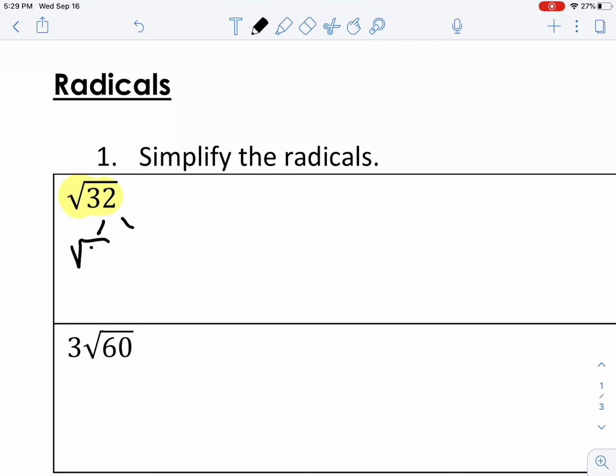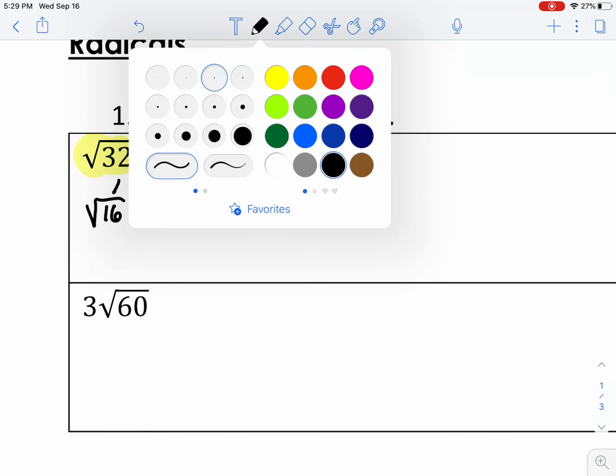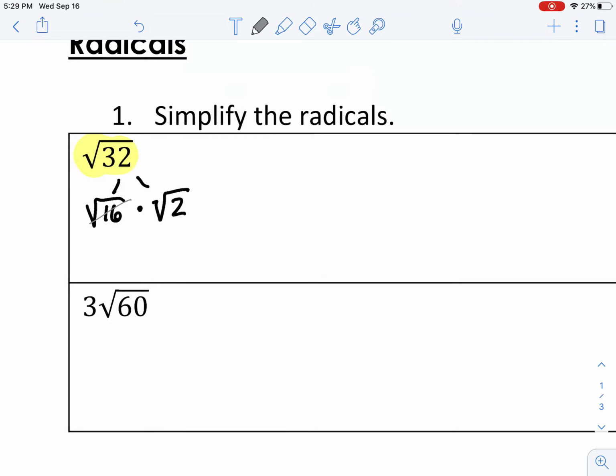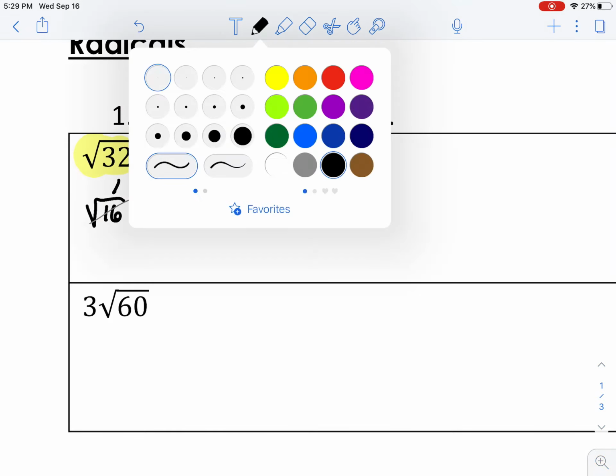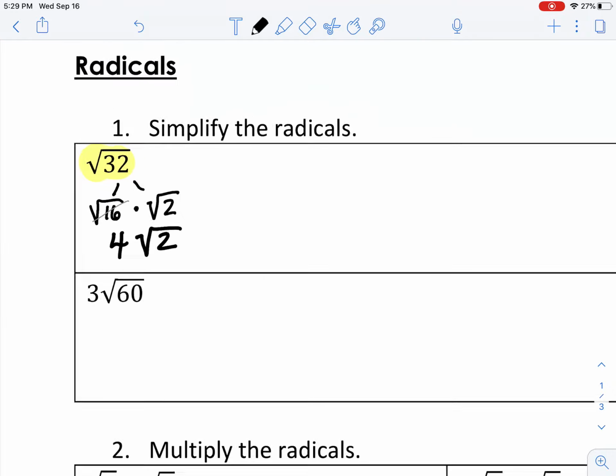So square root of 32 can be written as square root of 16 times square root of 2. And then the 16 gets out of the radical because it's a perfect square. So it gets out as a 4. So your final answer would be 4 radical 2.